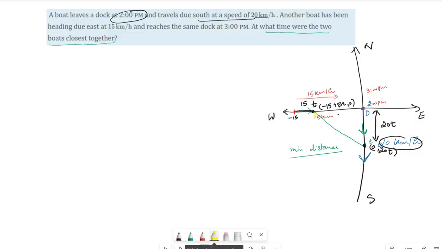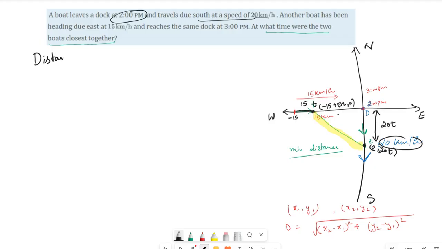Now we want to calculate the distance between 2 points. Note down, if we have 2 points (x1, y1) and (x2, y2), the distance between the points is given as the square root of (x2 minus x1) whole square plus (y2 minus y1) whole square. Using this formula, I can find my distance at time t.